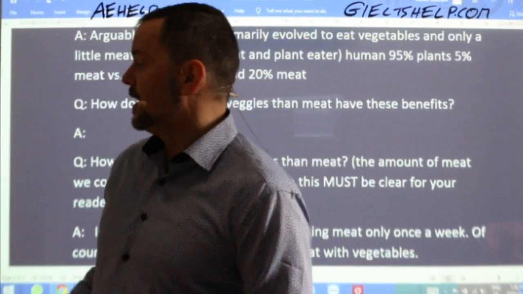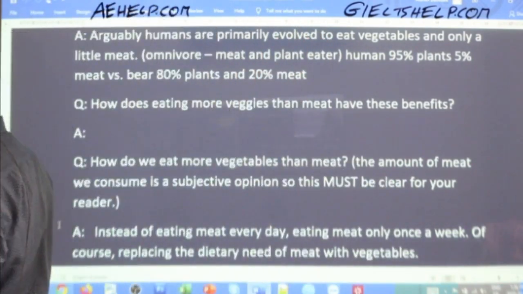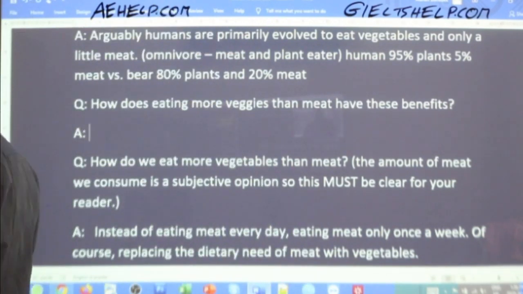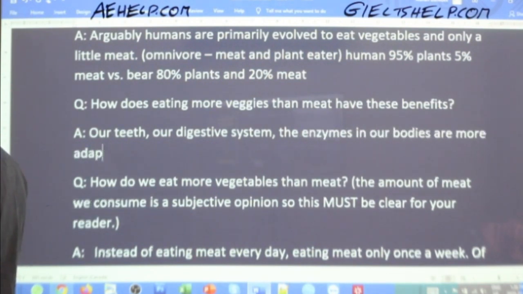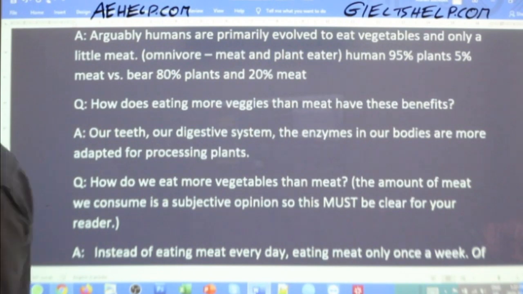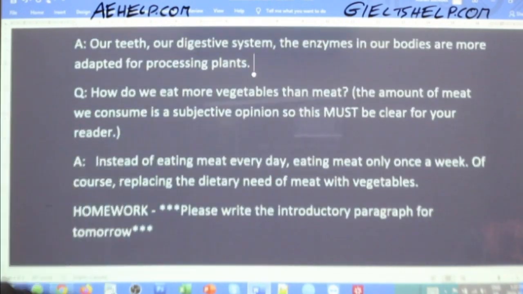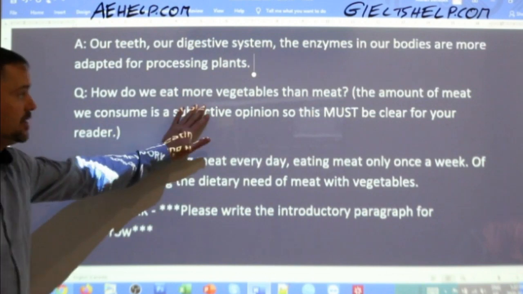The answer there would have been our teeth, our digestive system, the enzymes in our bodies are more adapted for processing plants, okay, arguably. And I said that one more important question that we need to ask is, how do we eat more vegetables than meat?